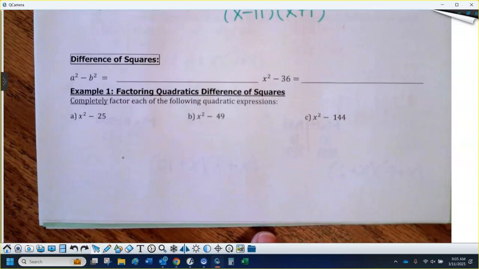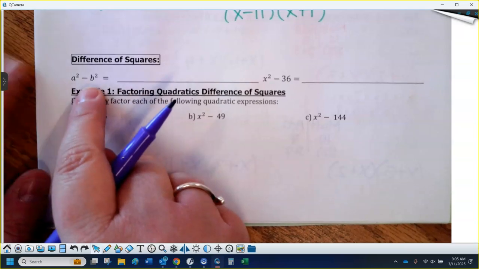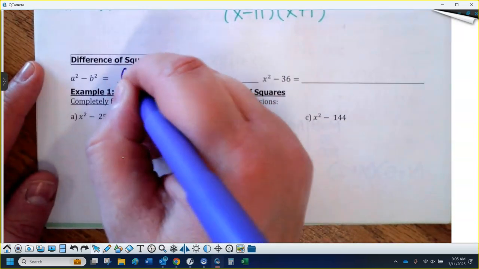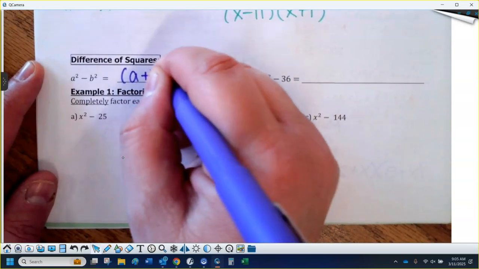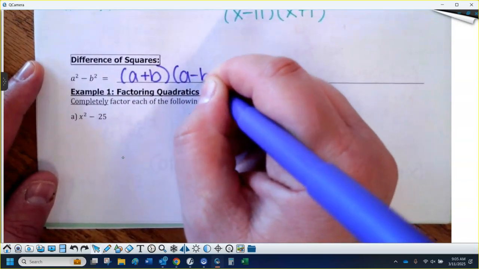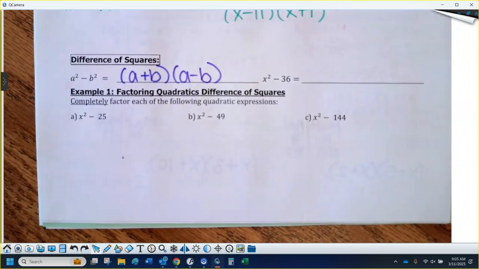This is called a difference of squares. So you're going to see here an x squared and then just a number. I don't know if you're familiar with these, but I'm going to give you a formula and then I'm going to tell you another way to do it too. The difference of squares says a squared minus b squared. This is the definition of this. This factors into a plus b times a minus b.